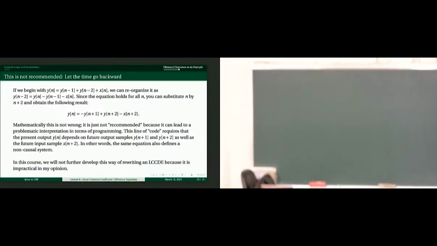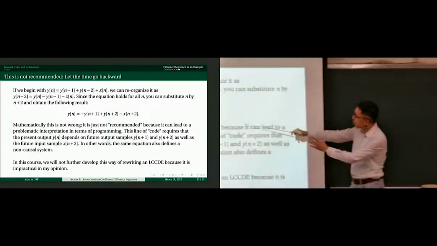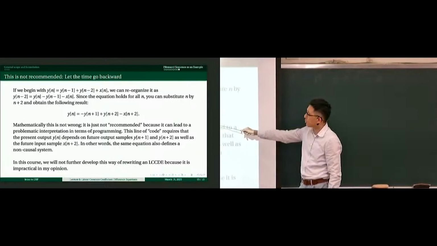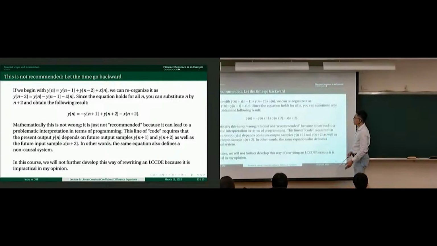So far, so good? Yes or no? Is it strange? Is it okay? But now, mathematically, this is okay. But if you interpret the way I write this equation with y of n on the left-hand side of the equality and everything else on the right, it seems to suggest one line of code, right?